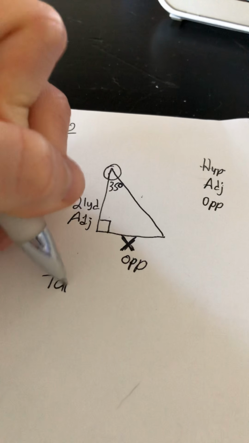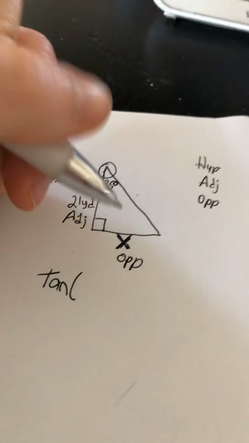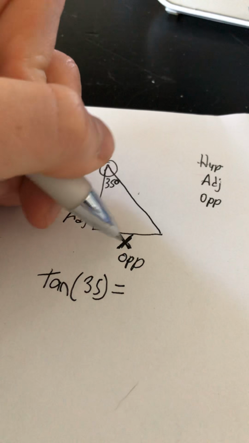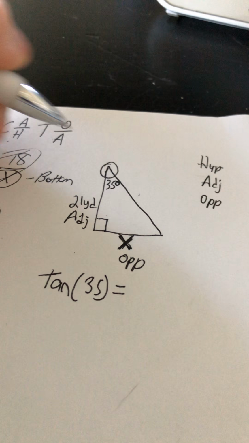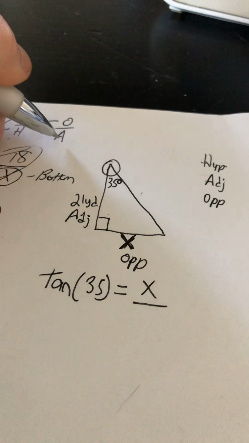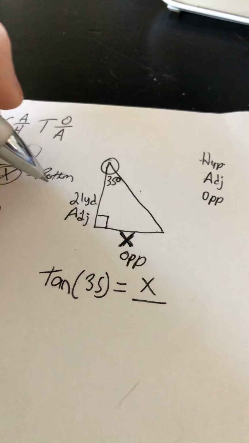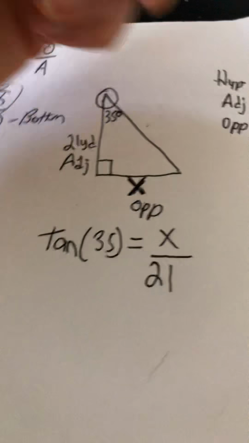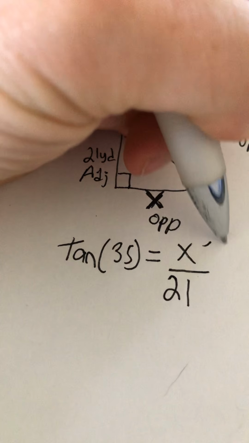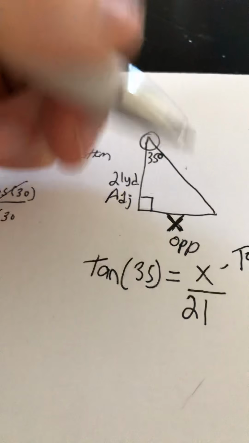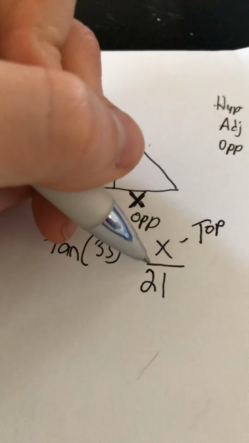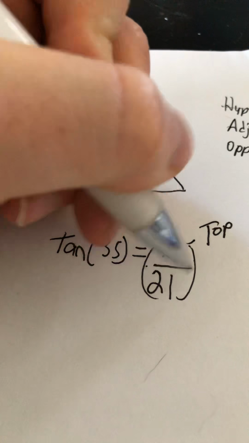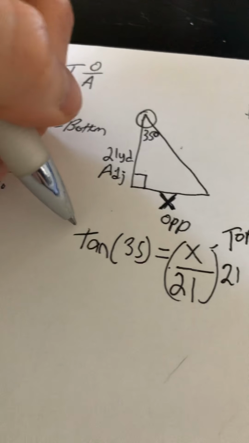So tan of our angle, 35 degrees, equals the opposite over the adjacent. So x over 21. All right, is x on top or bottom? It's on the top of our fraction, so all we're going to do is the inverse operation of dividing, which is multiply by 21.